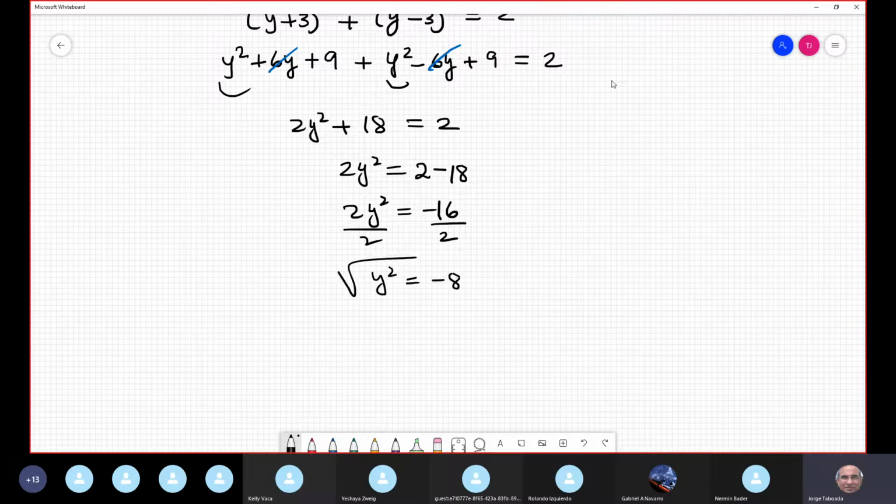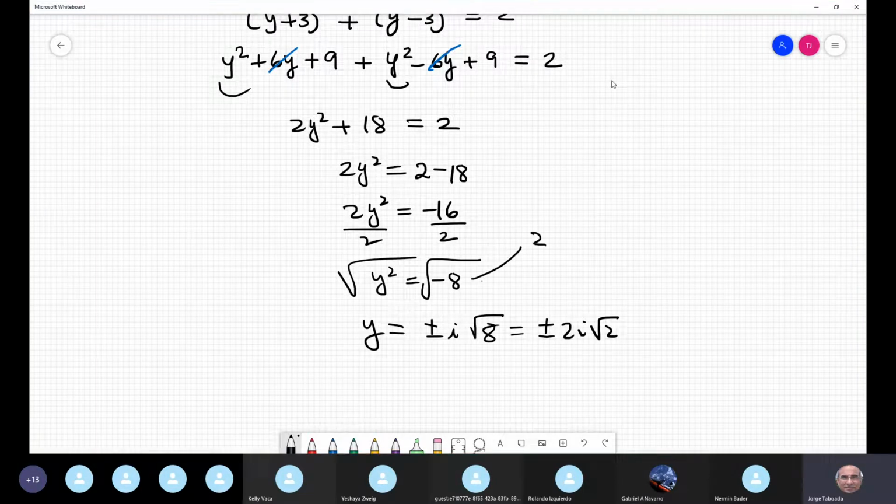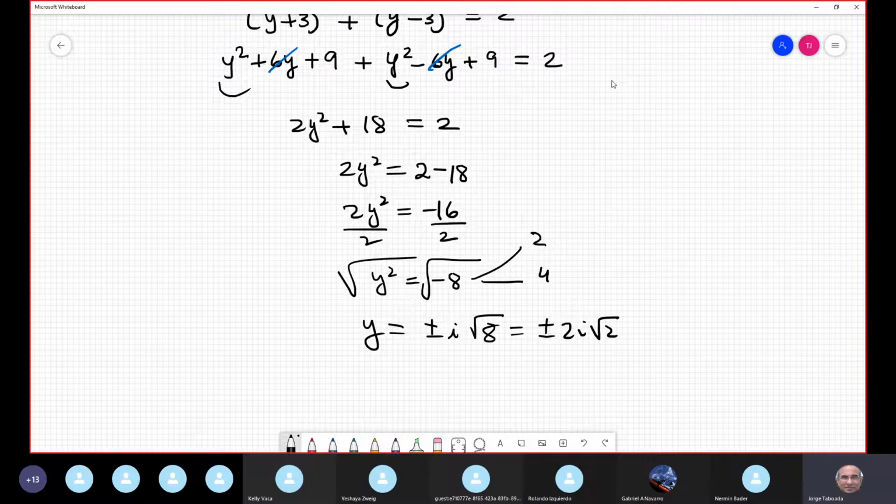So you apply the square root to both sides because my goal is to solve for y, or for x. It's imaginary. It's plus or minus i because it's negative inside the radical, and the radical is plus or minus 2i radical 2, because 8 is 4 times 2, and the radical of 4 is 2. The 2 outside is from the 4 and the 2 staying inside is the 2.